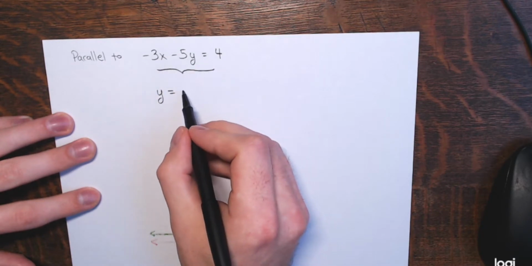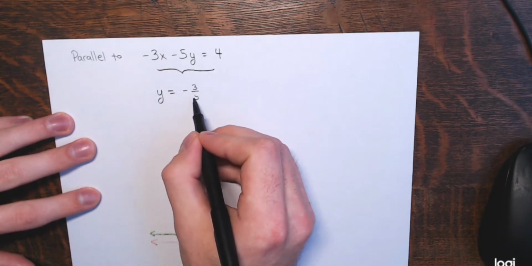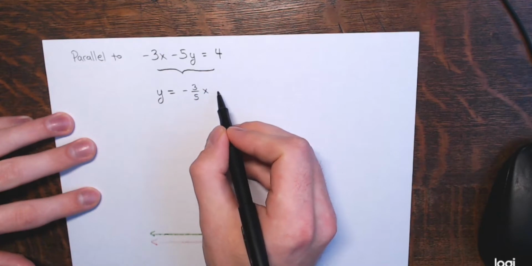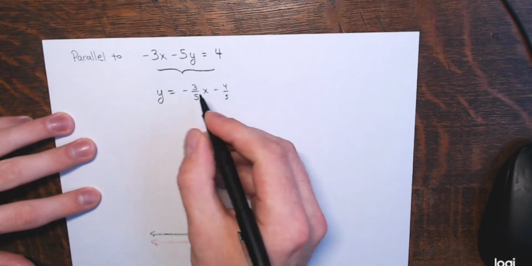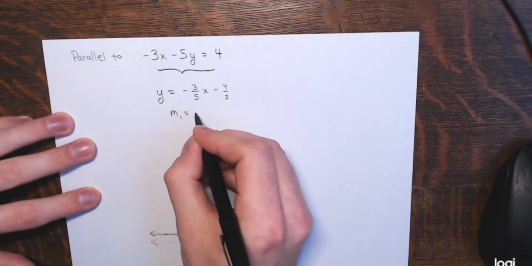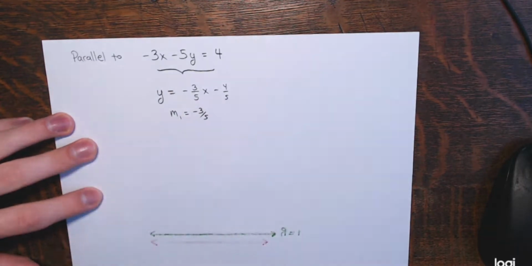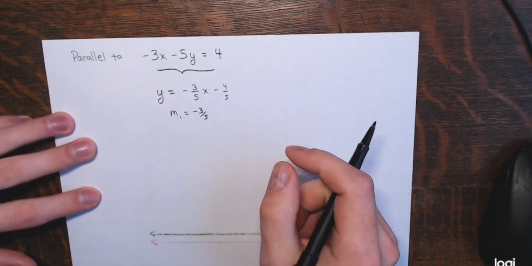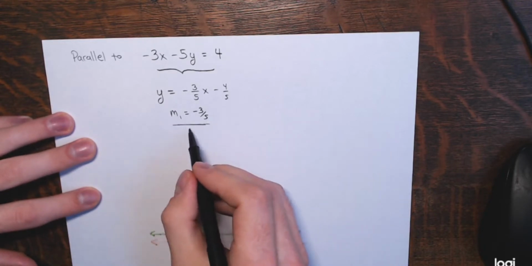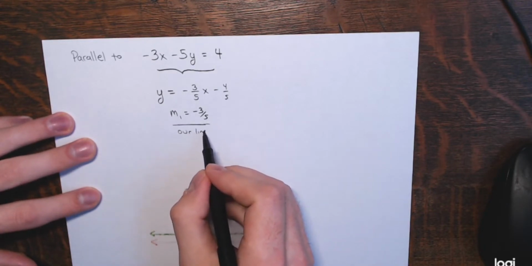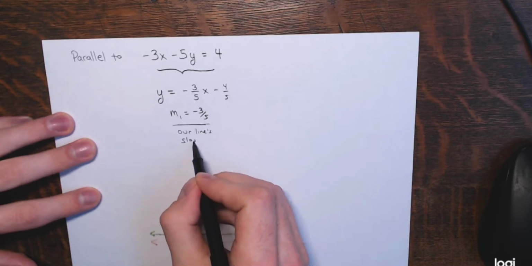So this would be -3/5 x and then minus 4/5. So the slope of this line is -3/5. Remember, it's the coefficient of x once you've got it in slope-intercept form. So that means this is the slope of our line as well, because we're parallel.